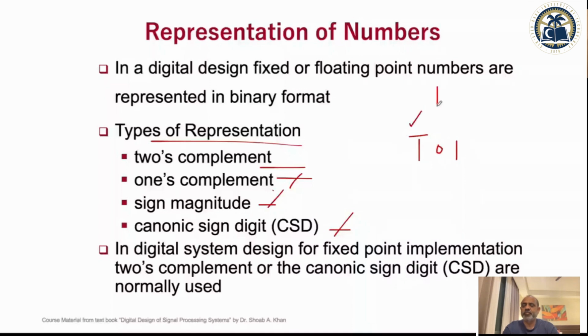Why? Because if you have 15, there are 4 ones, 4 non-zeros, but 15 is also 16 minus 1. So you can write it as -1, 0, 0, 0, 1. This bit has a weight of 1, this bit has a weight of 2, this bit has a weight of 4, sorry, then there has to be another 0, I can put that 0 here, weight of 8, and then this has a weight of 16, -16.